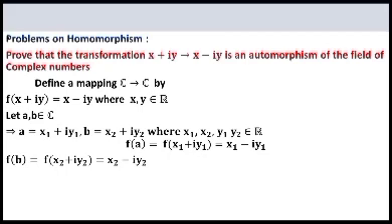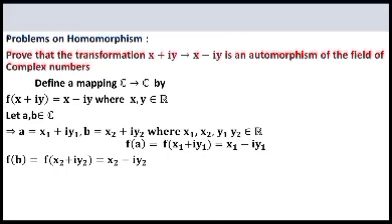That is, by definition, we define a map from C to C by f of x plus iy is equal to x minus iy, where x comma y belongs to R. Let a comma b belongs to C. That is, we take a is equal to x1 plus i y1 and b is equal to x2 plus i y2, where x1, x2, y1, y2 belong to the real numbers.